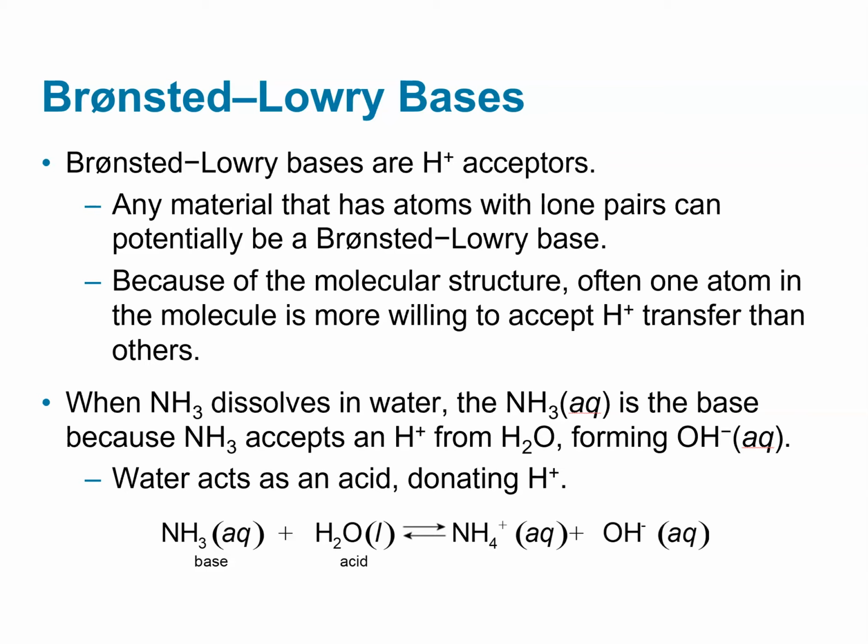Now, it doesn't mean it will be an exceptional one or even a very good one, but it has the potential to be one. So we always have to look at whether an atom is more willing to accept that proton than another to define whether or not it's a good Bronsted-Lowry base or a poor one, despite it having the potential to be a base.